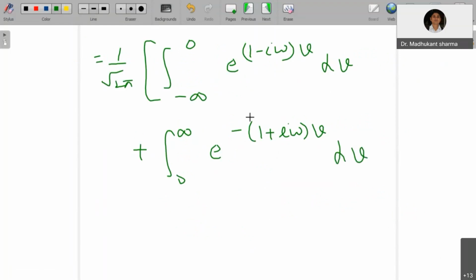This integral value and this integral value you can find out. So this is equal to 1 upon root 2 pi. So what will be the value of this integral? You have e to the power (1 minus iw) v.